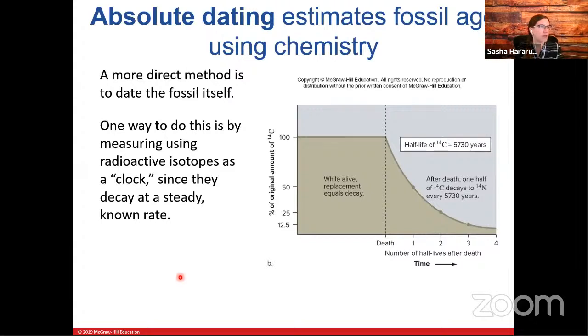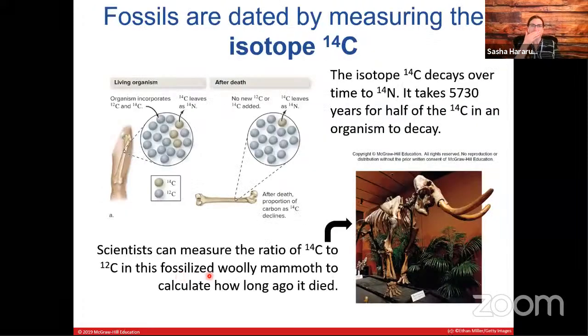Any other questions about this? All right, so fossils are dated by measuring the isotope carbon-14. Usually fossils that lived less than 100,000 years ago are dated with carbon-14, that I should add.